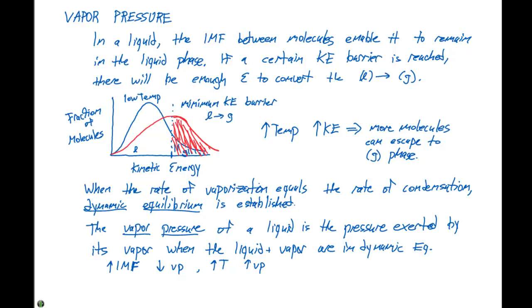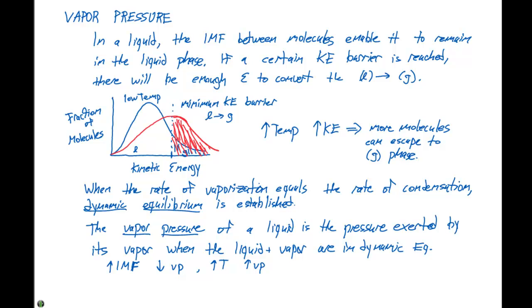So from this, we can determine something called a boiling point. And the boiling point is going to be dictated by some external pressure, right? So a liquid's going to boil when its vapor pressure equals the external pressure acting on the surface of the liquid, okay? And we're going to observe bubbles of vapor forming within the liquid, all right?